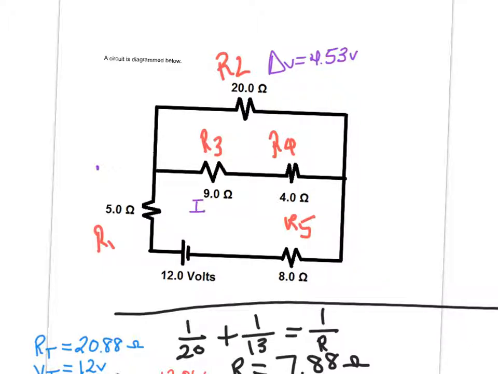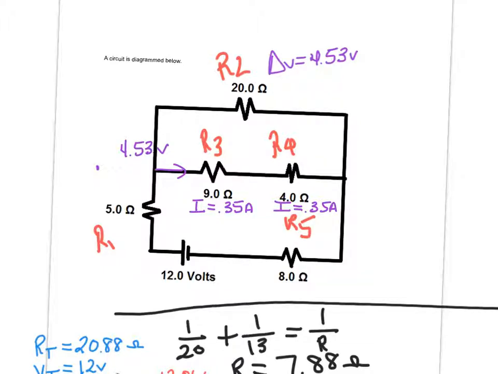The current traveling through resistors 3 and 4 we've solved for earlier. We can now solve for potential difference or voltage drop across those two resistors, knowing that we have a total voltage drop across those two resistors of 4.53 volts.